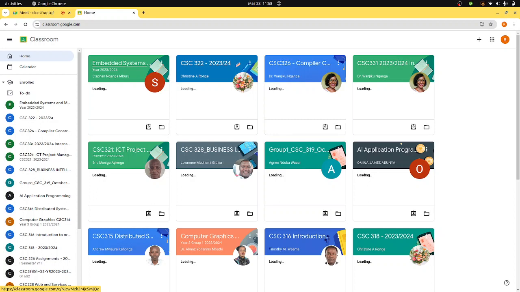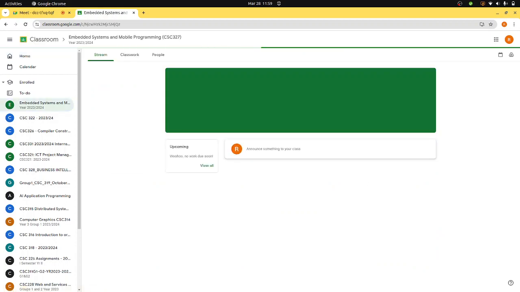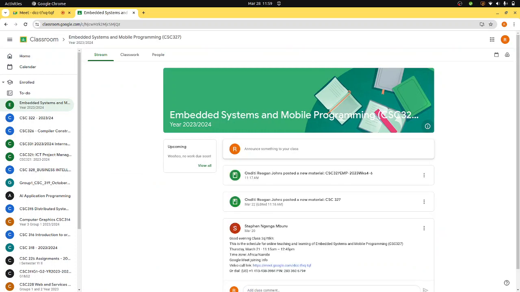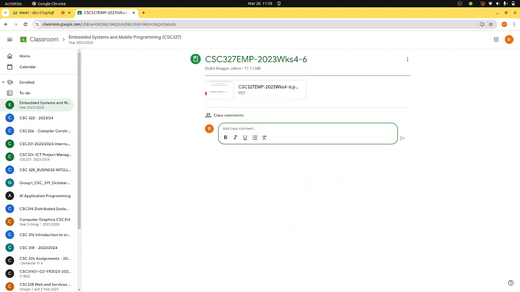For example, you give a sketch of how embedded systems have developed over time. I think this is something very nice if you are able to take time and look at the development of embedded systems in a sketch. You would also discuss how you expect embedded systems to evolve in the next 20 years.